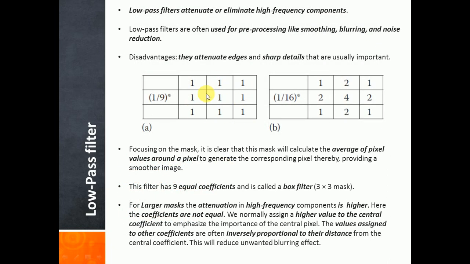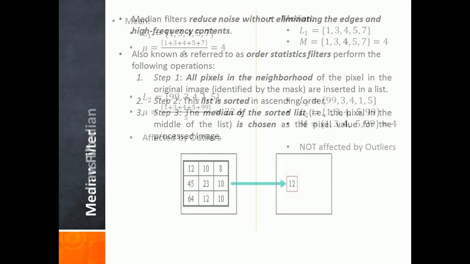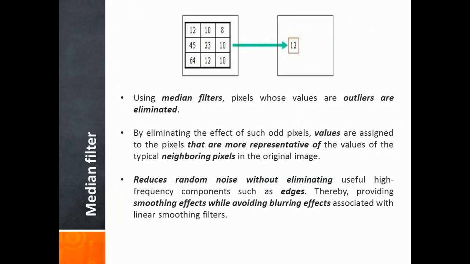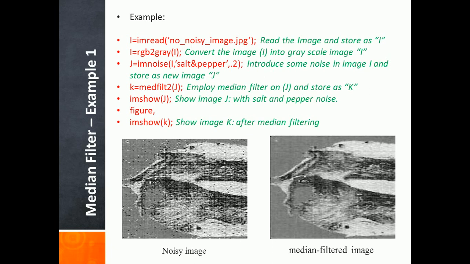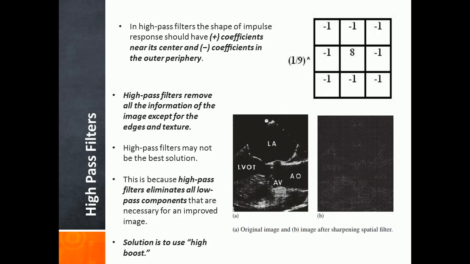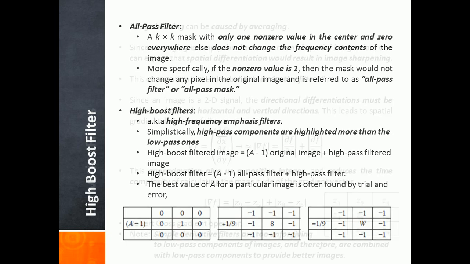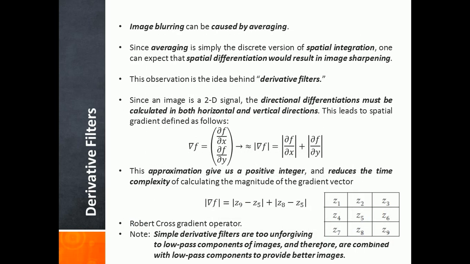So summation retains low frequency components, and summation is more like integration. So the alternate of that is differentiation. So if integration allows low frequency components, maybe differentiation allows high frequency components. So that's the idea behind derivative filters.